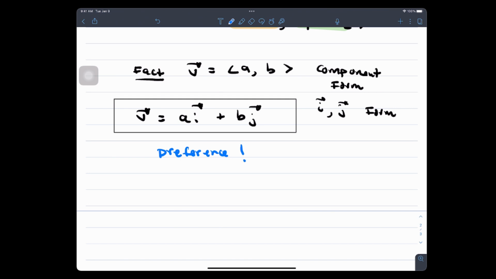Because it makes vector arithmetic easier. Okay, we prefer this because we can perform vector arithmetic. That's why.